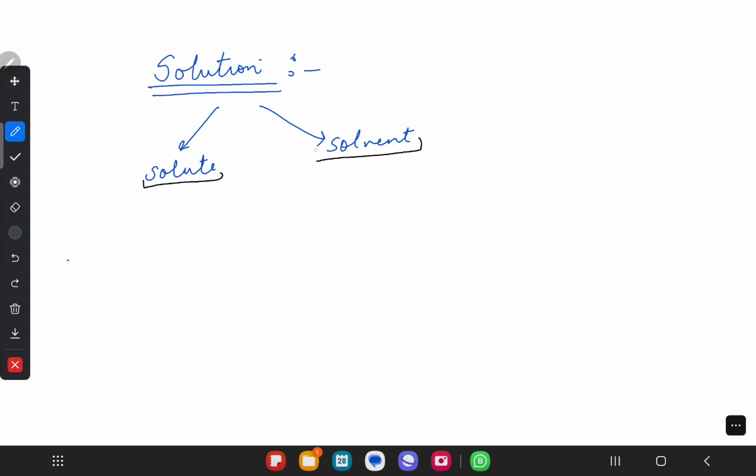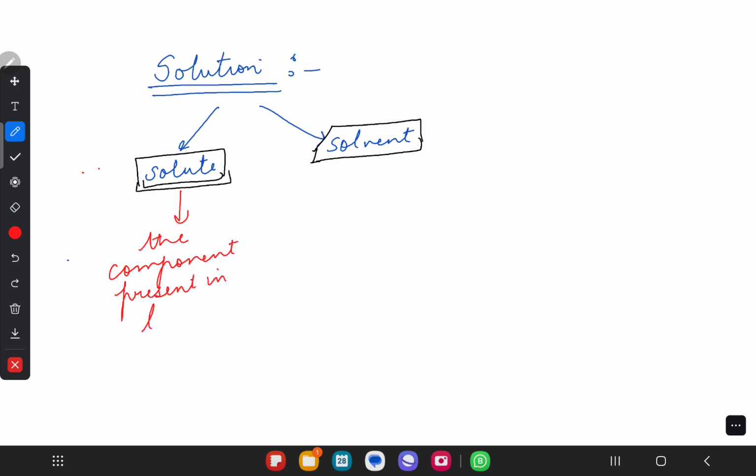When one is a solute and one is a solvent, what is happening? The solute is the component present in less quantity, and the solvent is the component present in more quantity.